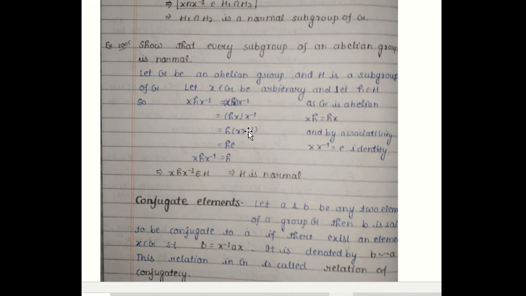Now again using associativity, we take h out of the bracket, so this will be h times xx inverse. xx inverse will be e, so he will be equal to h. So xhx inverse is equal to h. So this implies H is normal. We have taken a subgroup of an abelian group and shown that every subgroup of an abelian group is normal. So this is about the normal subgroups.